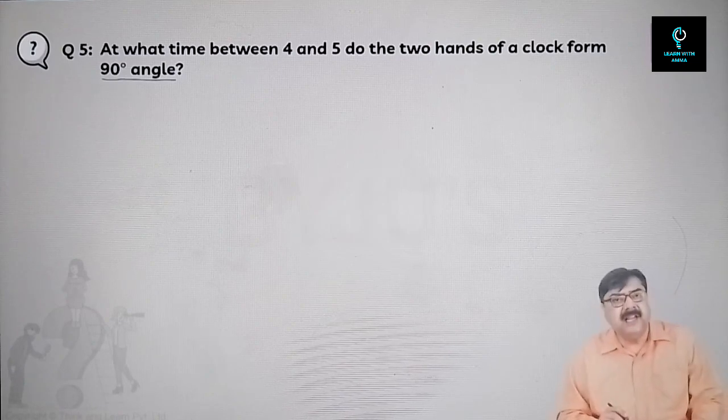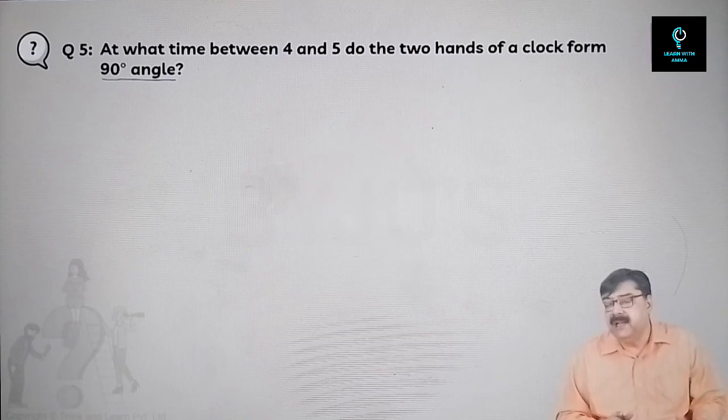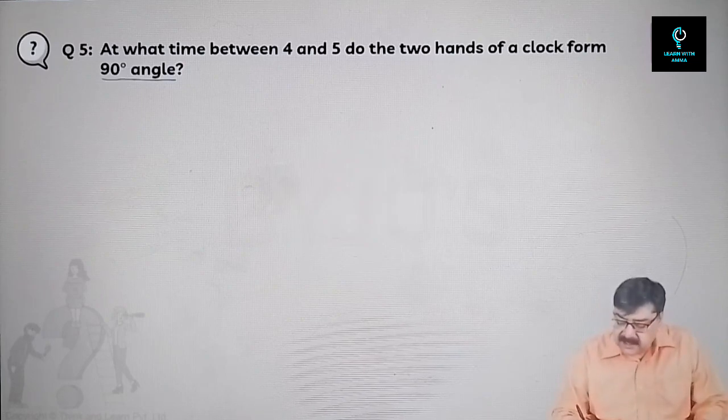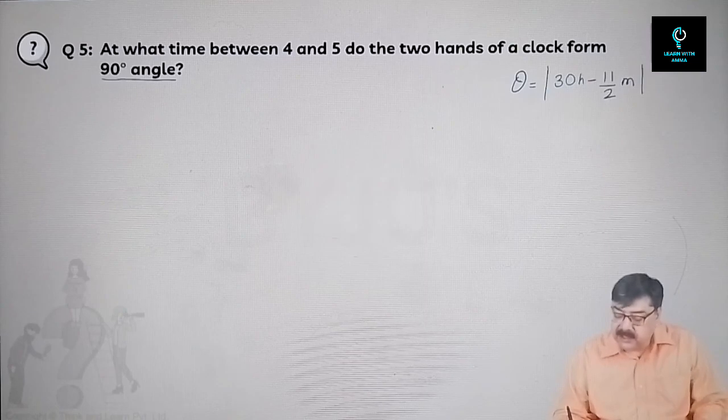Now in such a case, please know this, that such kind of questions have been asked very frequently in CSAT and other examinations. And for this, I give you a very simple formula, and that is theta is equal to |30h minus 11 by 2 m|, and these 2 bars would indicate that we need absolute value.